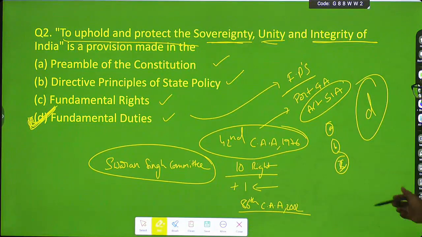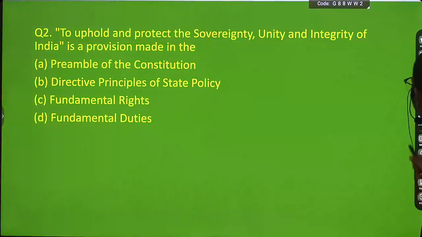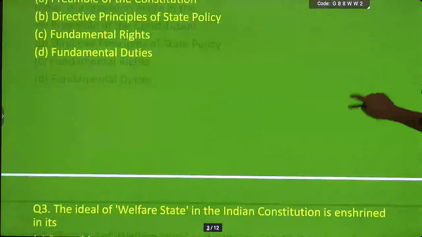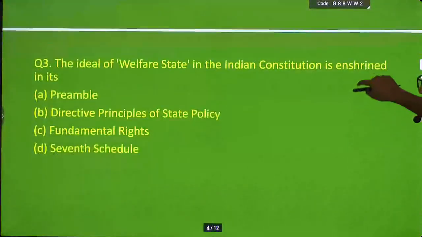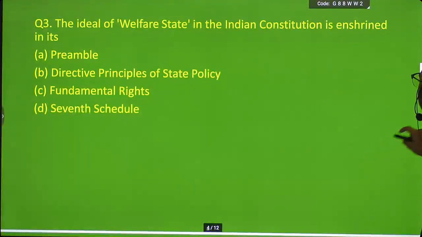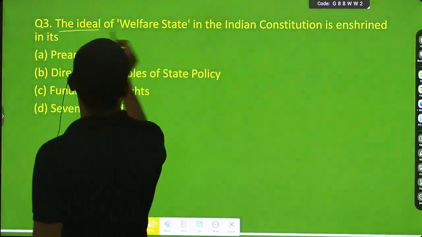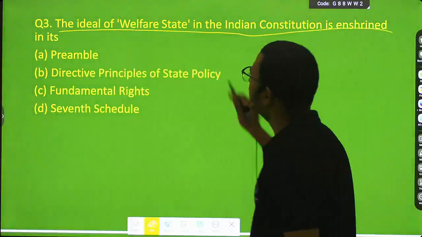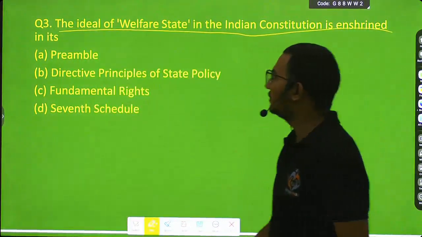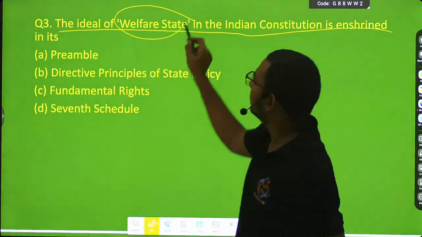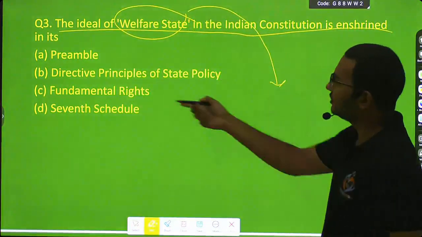Okay, next we'll move to the third question. Okay, so here it is, third question. The ideal of welfare state in the Indian Constitution is enshrined in which part?